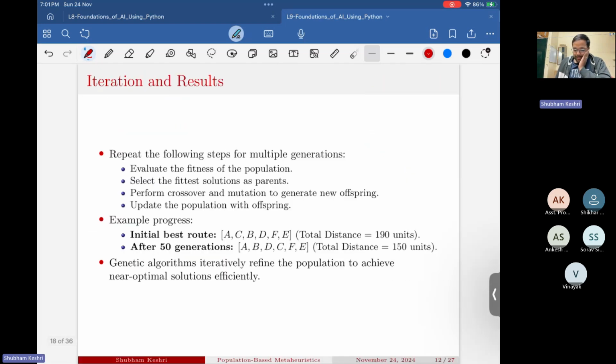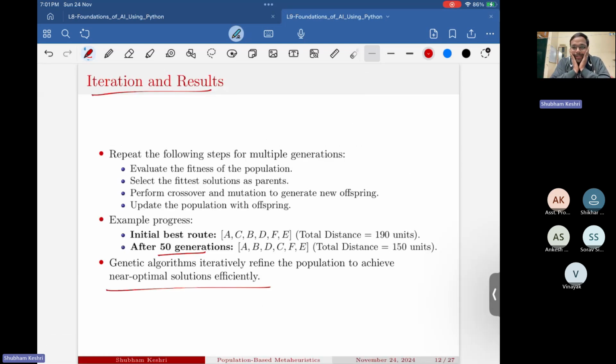So we have talked about mutation, and then we will just iterate repeatedly. You can just go for a number of generations. You say I'll go for 100 generations, or multiple stopping criteria can be there. So that is it for genetic algorithm.